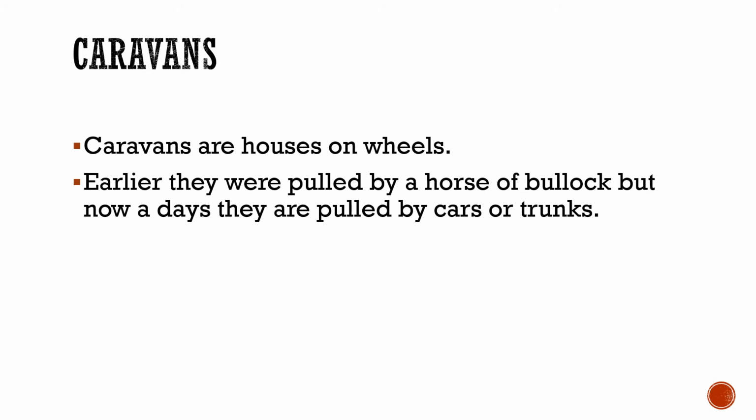The next temporary house is caravans. Caravans are houses on wheels. Earlier, they were pulled by horses or bullocks, but nowadays they are pulled by cars or trucks.